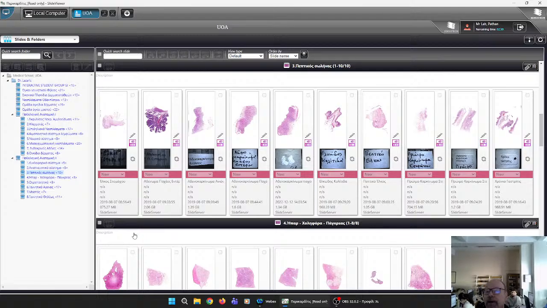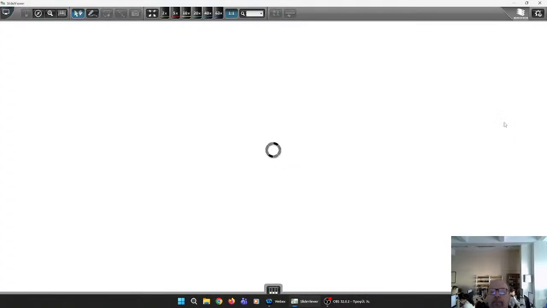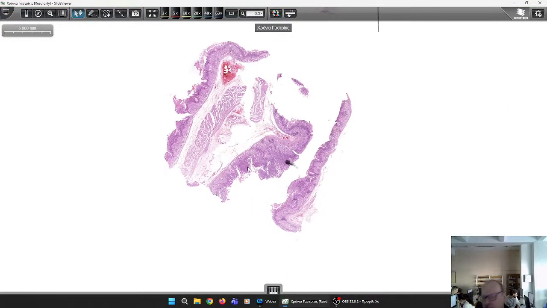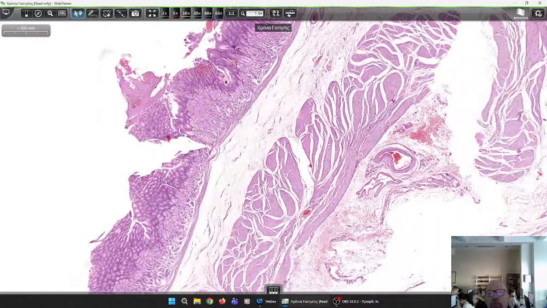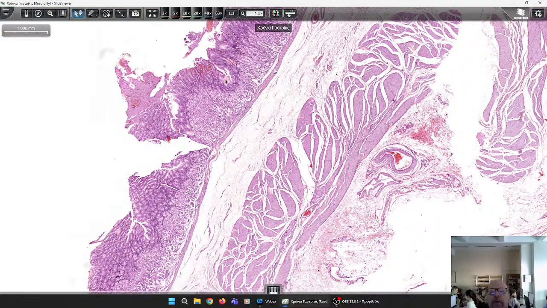Let's start from the stomach. Look at this slide. Here is the mucosa of the stomach. Not only the mucosa, we have the muscularis mucosae, here it is, the submucosa, and the muscular layer, and the subserosa.